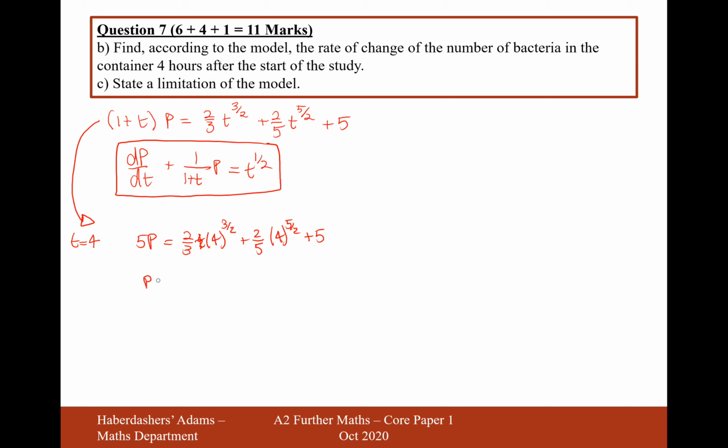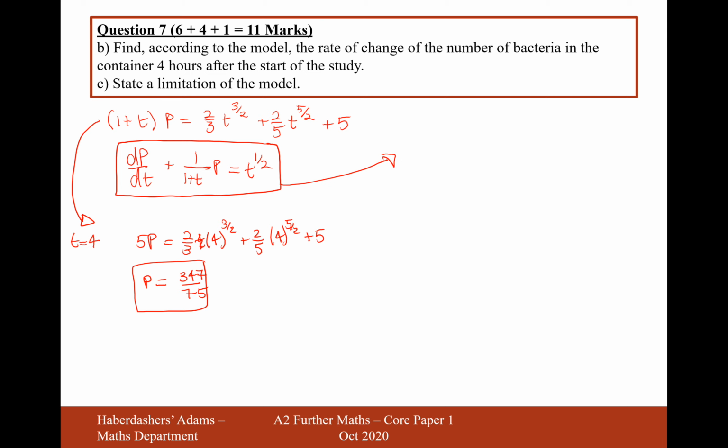So when I eventually divide through by 5, my P value is going to be 347 over 75.